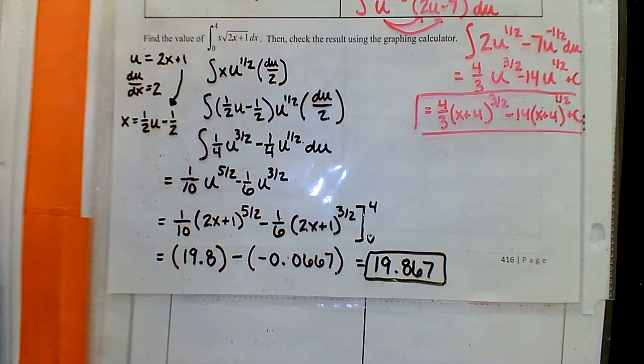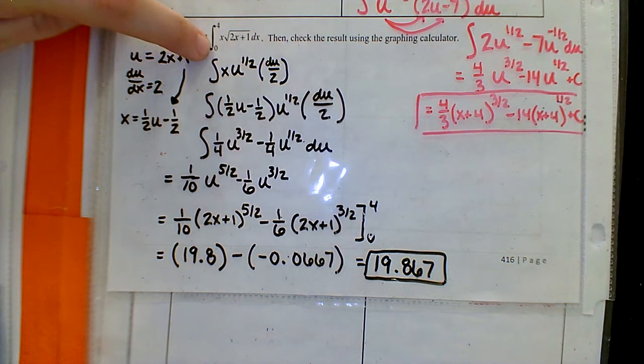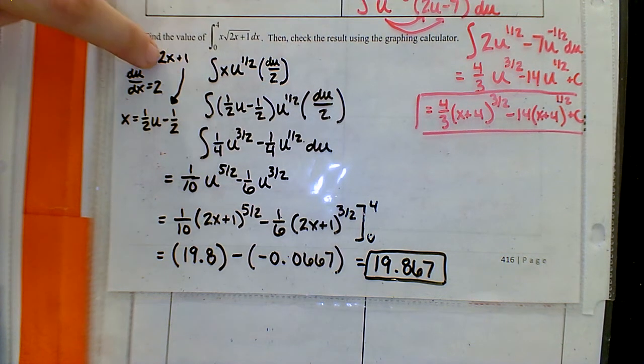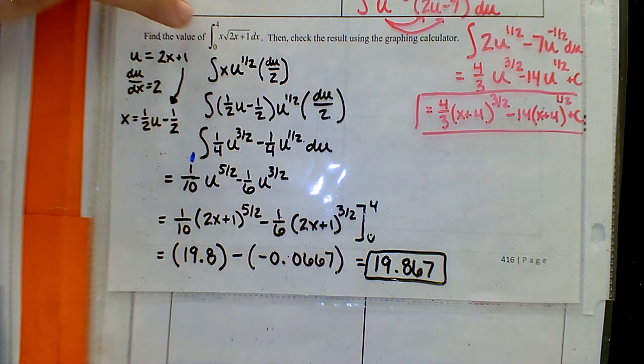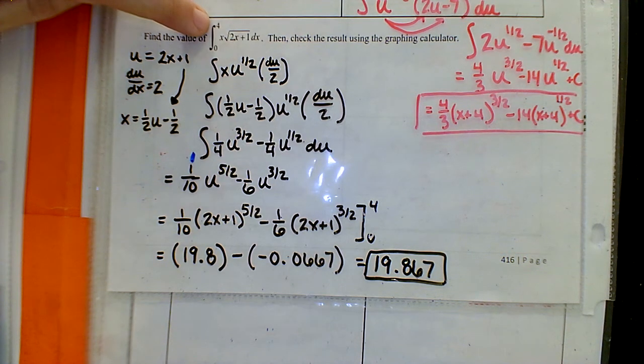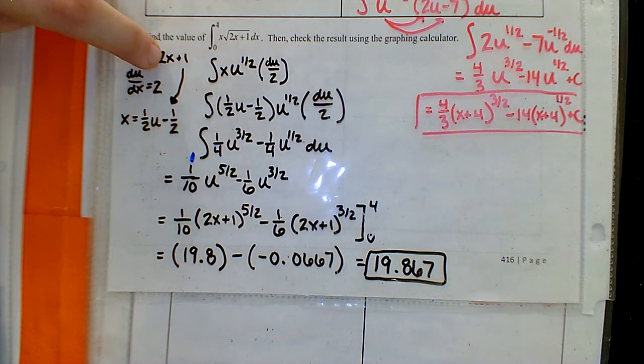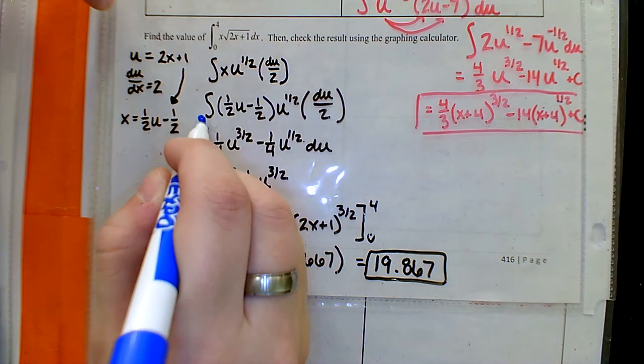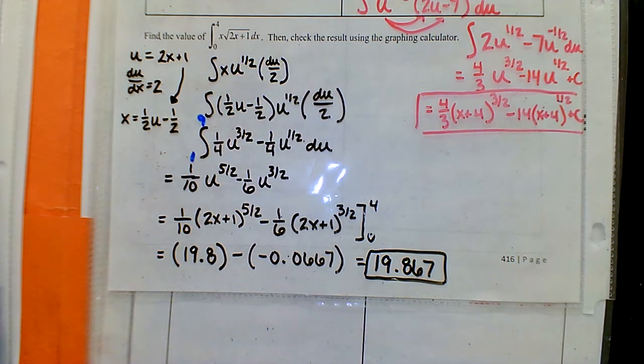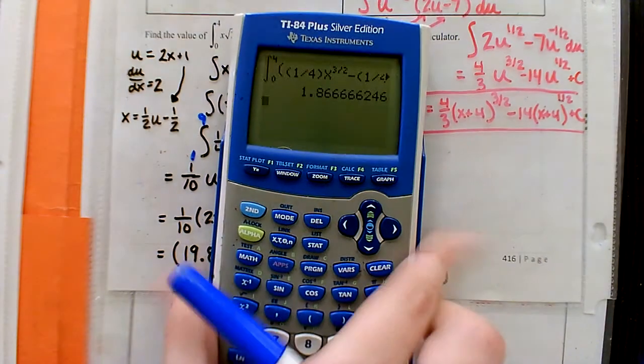Let's use that u equation. Okay, let's try it. So if we let this bottom bound of 0 plug it in for x, we would get 1. And if we take the upper bound of 4, which is representing an x value on the x-axis, if we plug that in for x, we'll get 9. Let's see if that works.